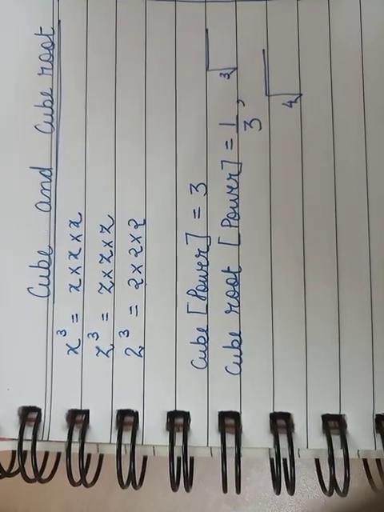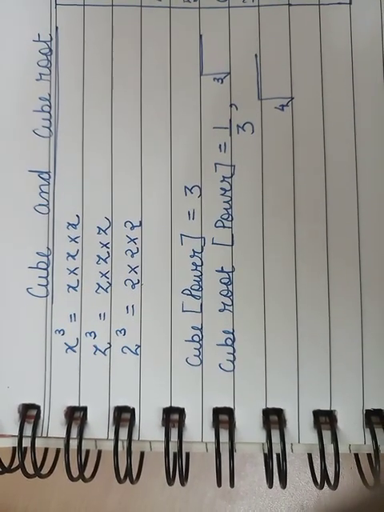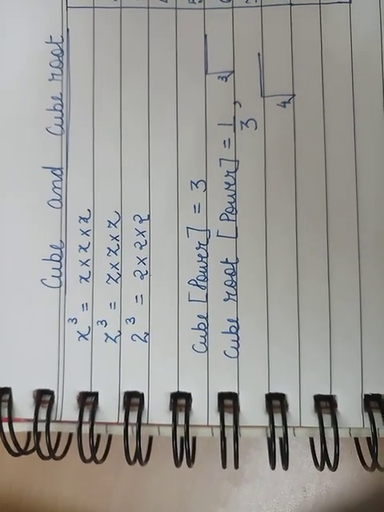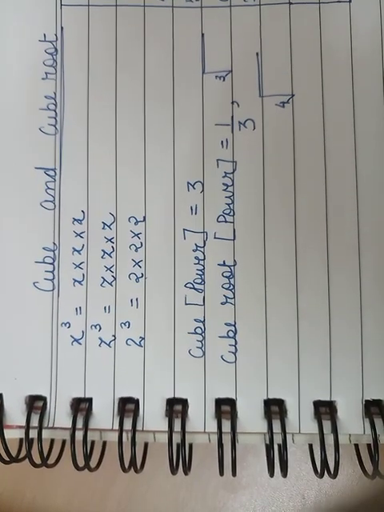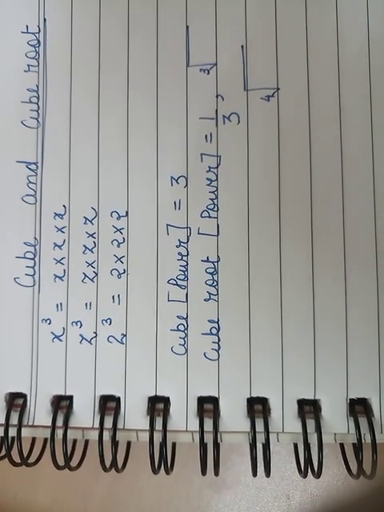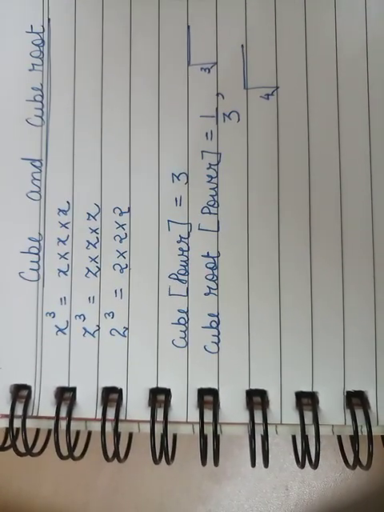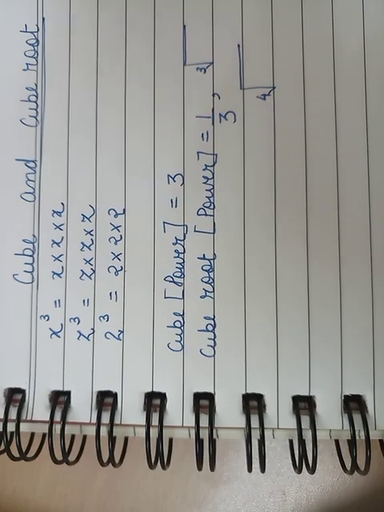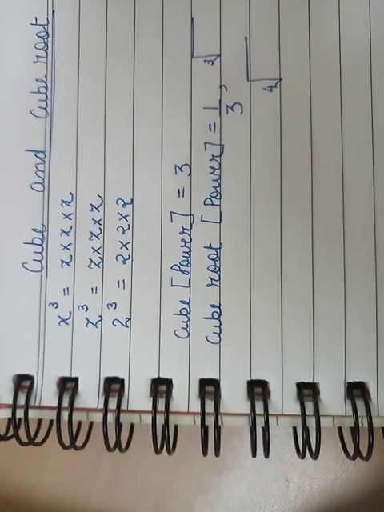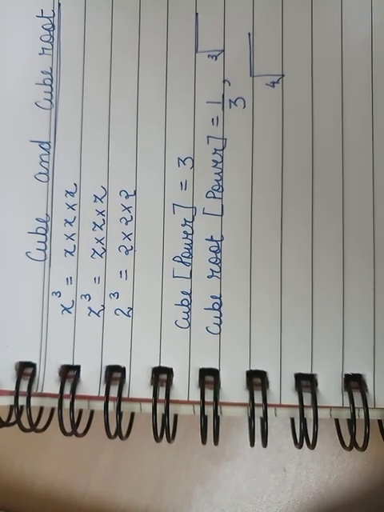Before we start with the exercise, we'll learn the cubes from 1 to 20. Better to learn from 1 to 15. Those who can memorize from 16 to 20 also, that is good. As we learn the squares from 1 to 30, similarly we should remember the cubes from 1 to 15.